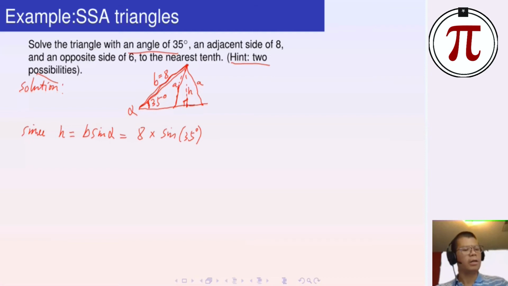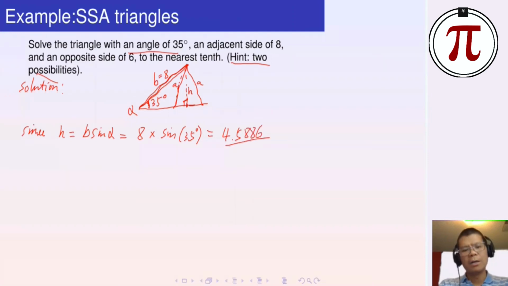You can find this value using the calculator, right? So 8 times sine 35 degrees. What do you have? I have 4.586.